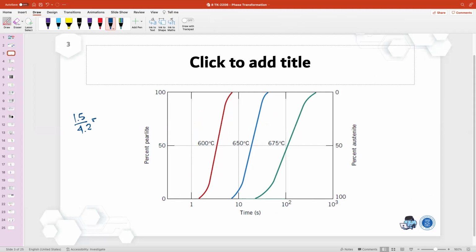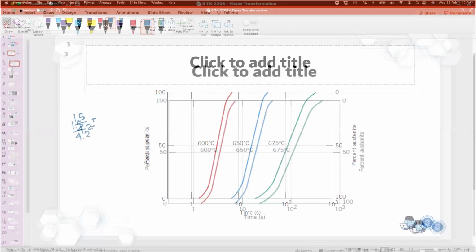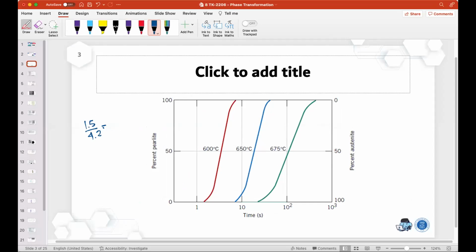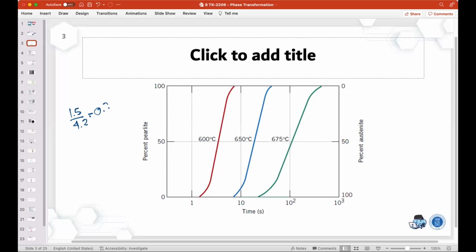Using the calculator, 1.5 divided by 4.2 is about 0.36. But 0.36 is actually on the linear scale.